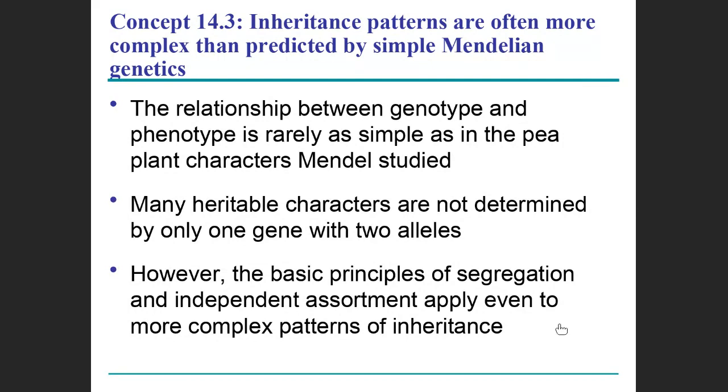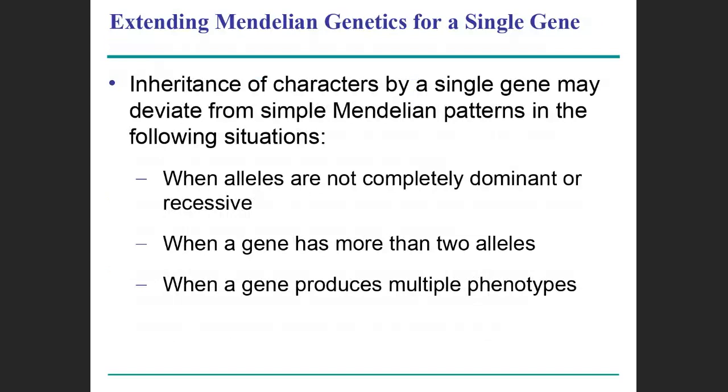But even though the phenotype may not be what is expected, segregation and independent assortment are still happening. It's just that we don't see the result in the phenotype. So we have cases where alleles may not be completely dominant or recessive.